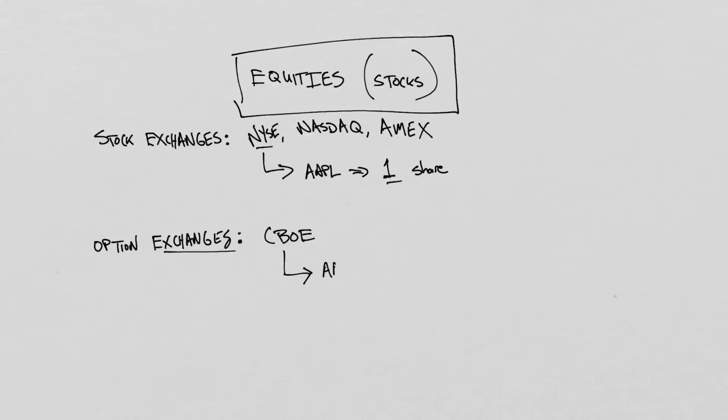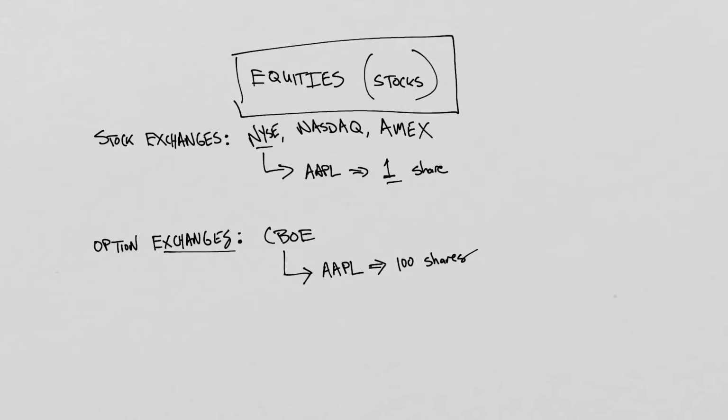If I want to buy one option on Apple, that actually gets me exposure or sensitivity to the movements in Apple's stock of 100 shares. So there's this relationship.